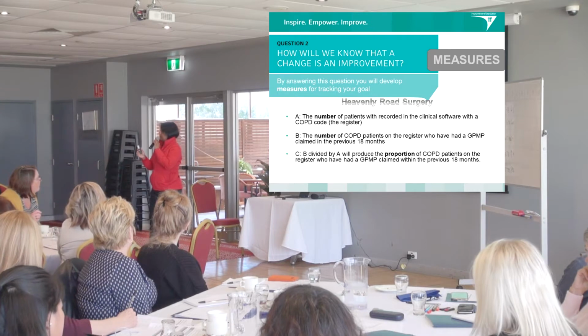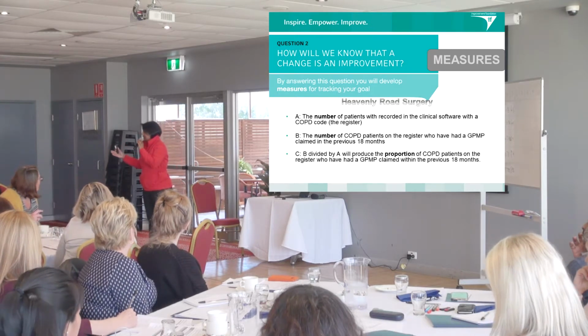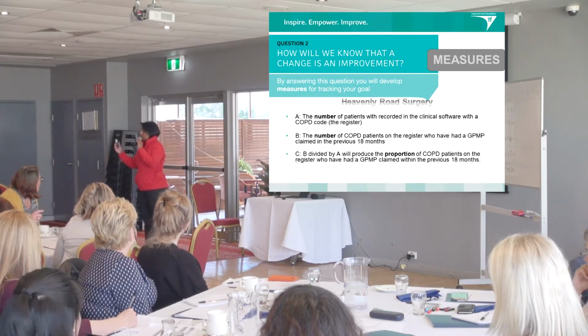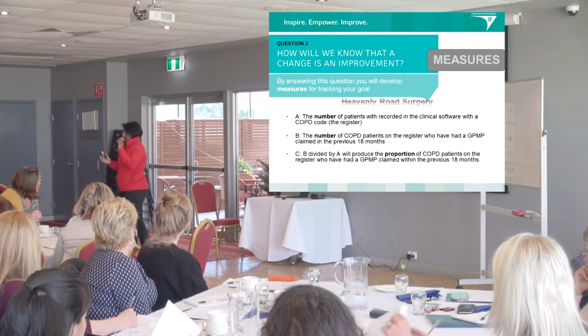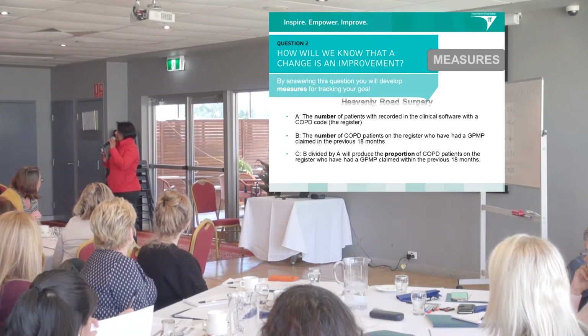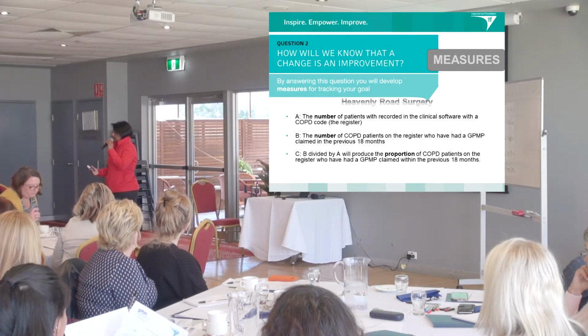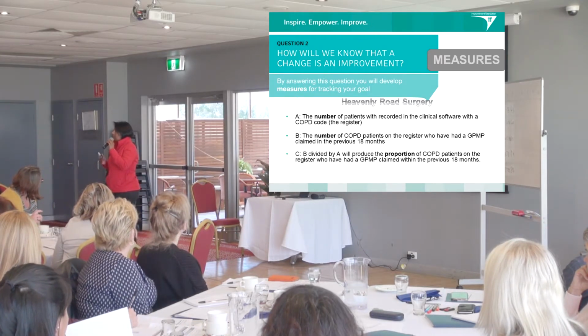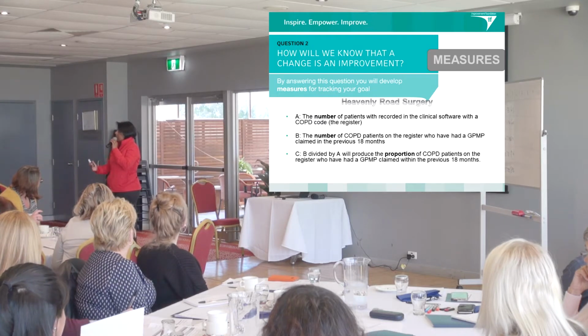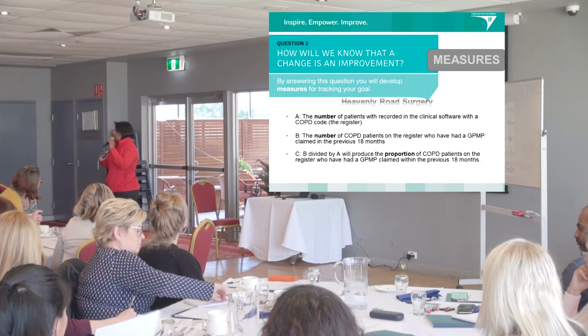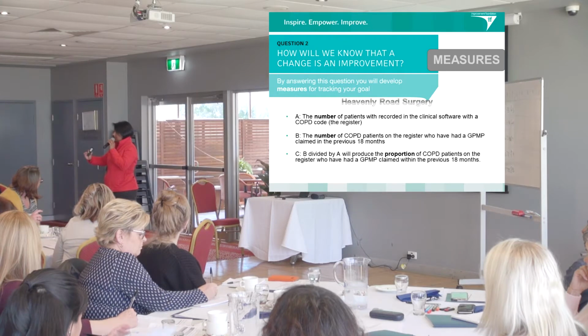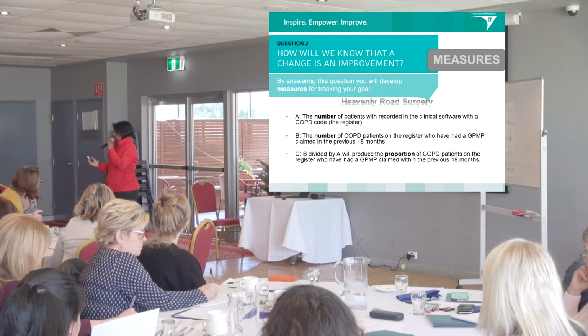Now that gives birth to perhaps 6 or 7 PDSA cycles. All you're doing is demonstrating to the PHN that there's some level of continuous quality improvement activity happening in your practice. That you're starting to think about the data, that you're starting to embed change, and you're moving towards improvement. That's what you need to demonstrate.